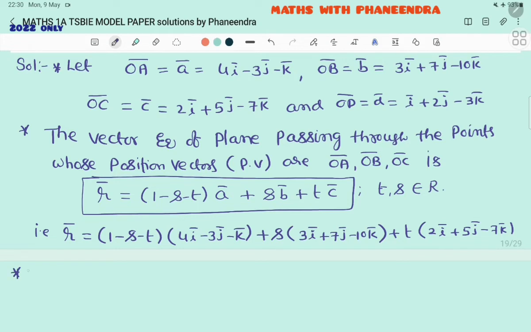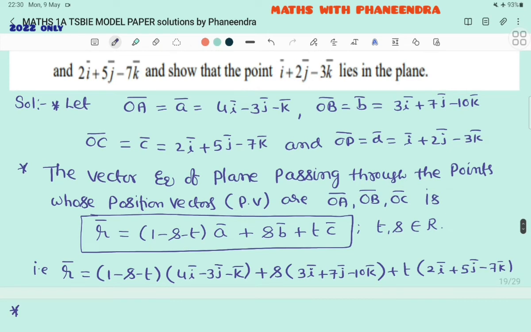Next, what is our duty? They are asking to prove the point i plus 2j minus 3k lies on this plane. So that means the position vectors a bar, b bar, c bar and the point D, i plus 2j minus 3k, are lying on the same plane only, no? That means if you prove that these 4 points are coplanar, then the given points are on the same plane. That means the 4th point is also lying on it.